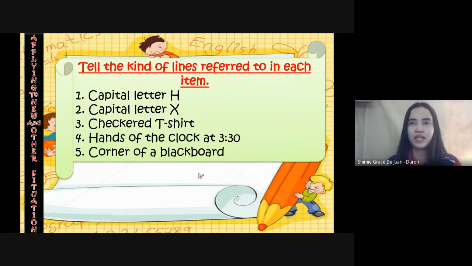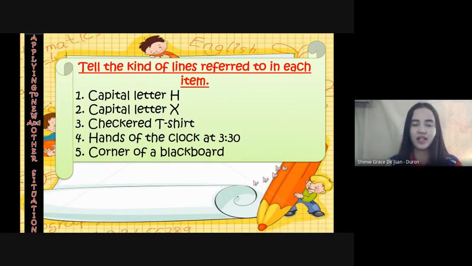For example, in forming a house, you have to build a house with parallel measurement so that it will be strong until you grow old. No? Hindi masisira yung bahay, no? Dahil nagawa siya ng mabuti. Yung mga measurement na naka-indicate or nakaplano ay tugma talaga sa kung ano dapat yung measurement na kailangan nyo.